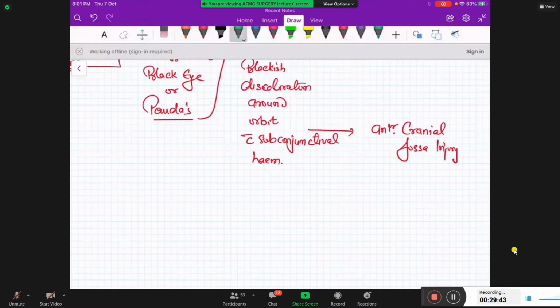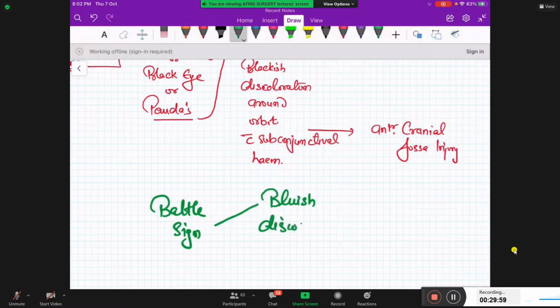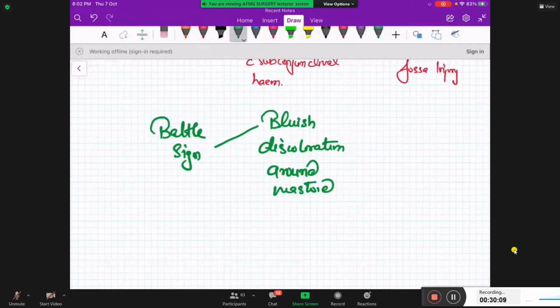Then there can also be another sign called Battle sign. What is Battle sign? Bruises, bluish discoloration around the mastoid.